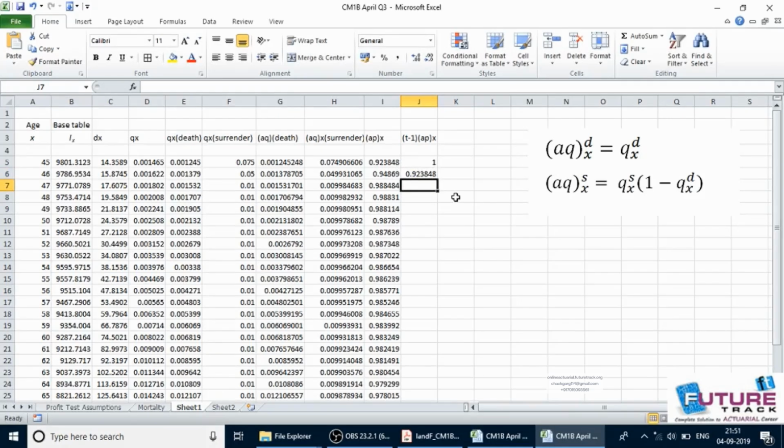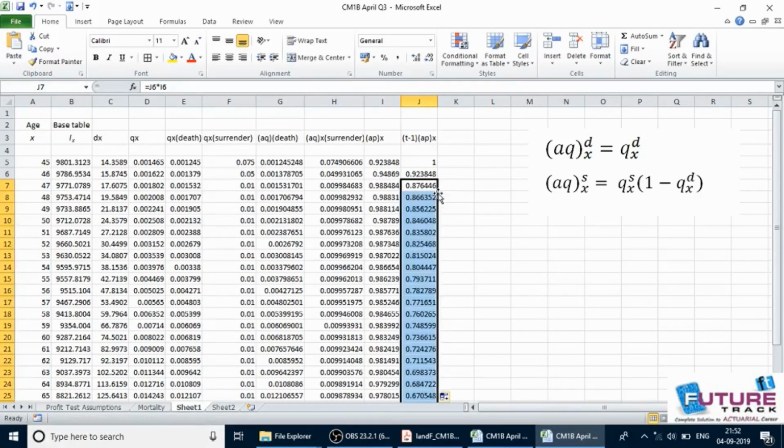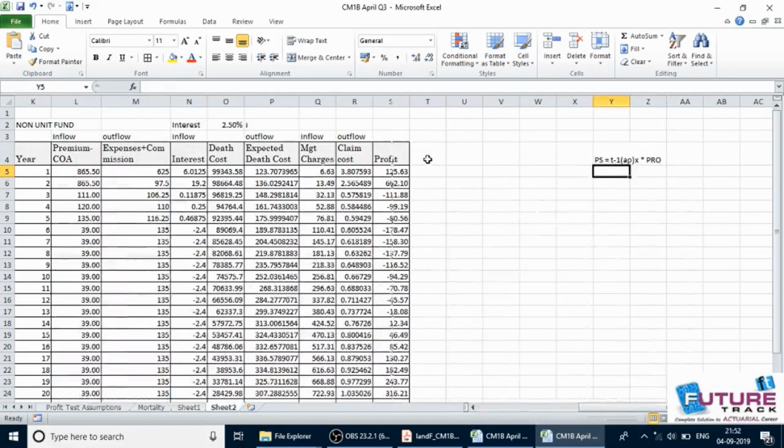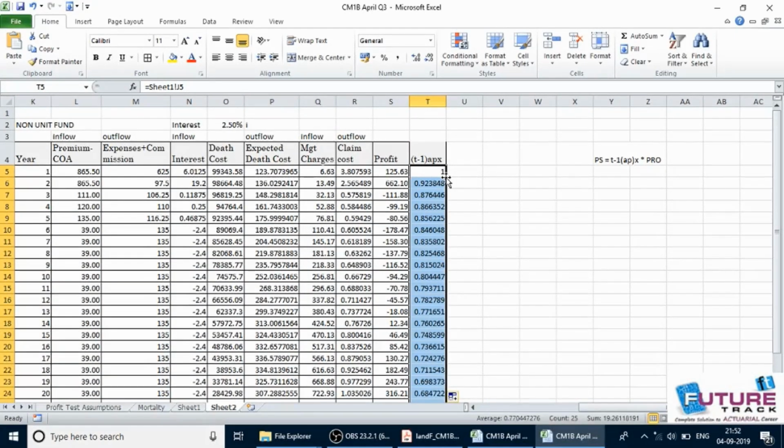Fine. Now, next is 2 APX. 2 APX is APX into APX x plus 1. So if I multiply this by this, it becomes 2 APX. Double click this, you will get the rest part. Fine. So we can write T minus 1 APX and double click this. So you can take the values from that.